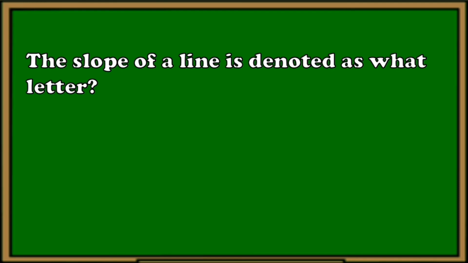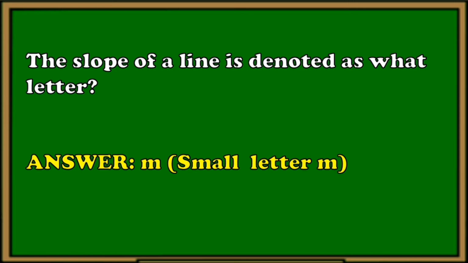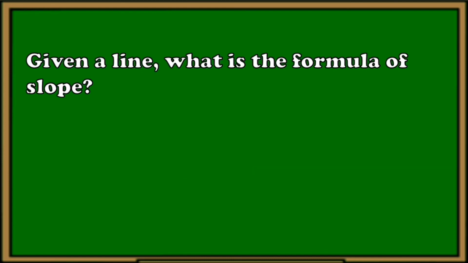Next question. The slope of a line is denoted as what letter? The correct answer is small letter m. Next question. Given a line, what is the formula of slope?